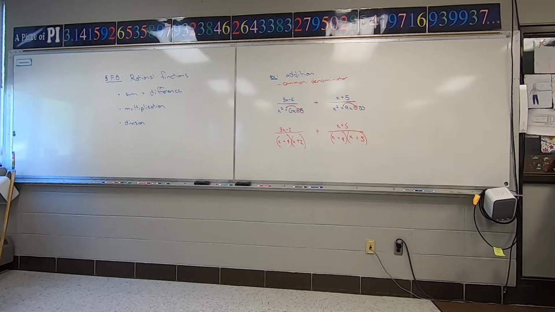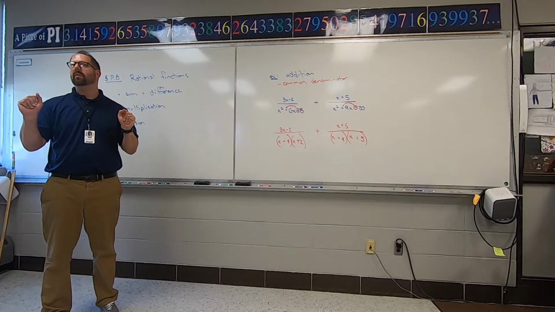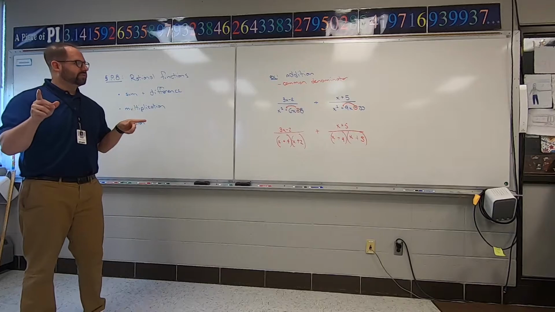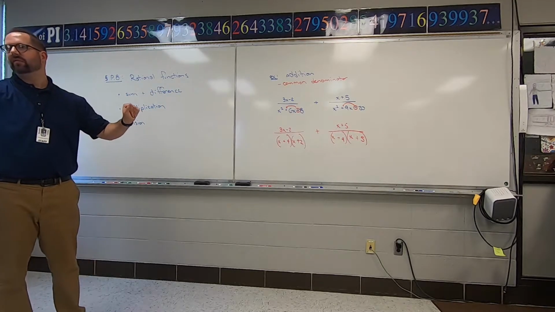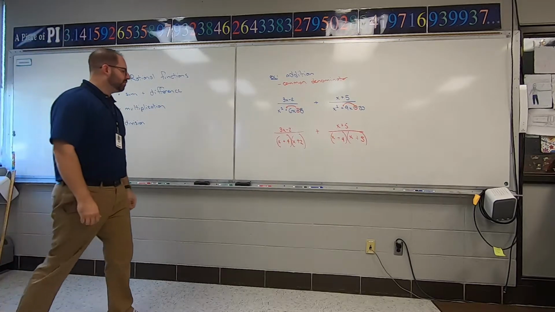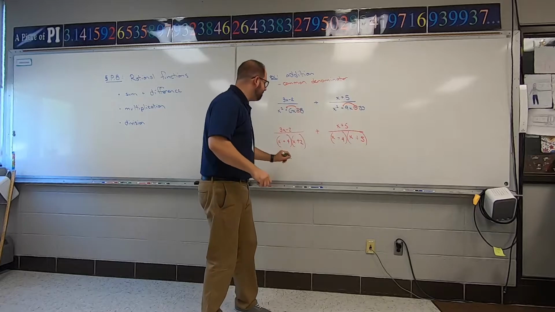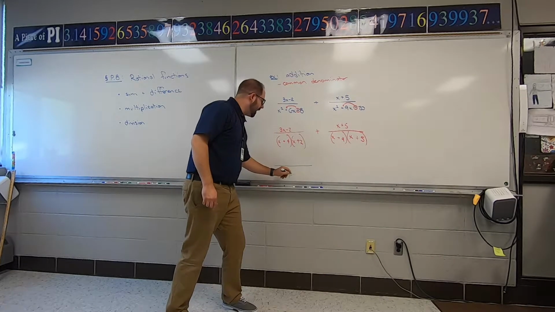Use something with x plus 4. Yeah. So, do you notice how both denominators have x plus 4s? That's a common denominator. Now, do you notice that both fractions also have different things? They have an x plus 2 and an x plus 5. You want to make the fractions have exactly the same bottoms. So what I'm going to do is leave the x plus 4s where they're at.